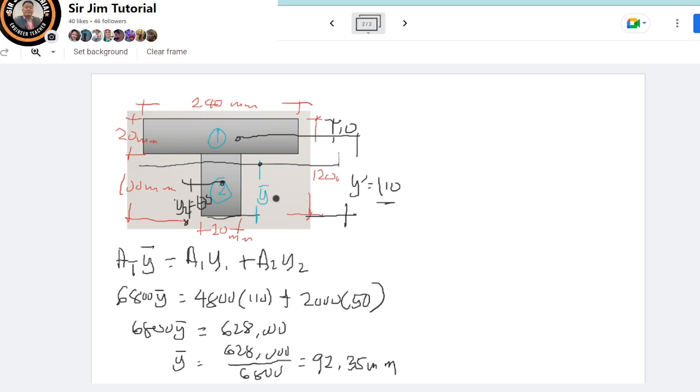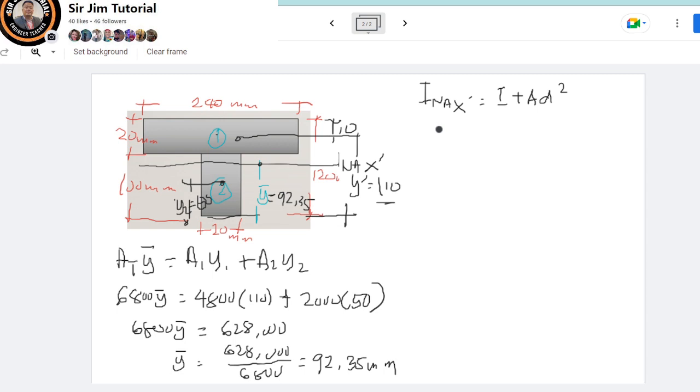Okay, that's y bar, this is 92.35. Now, since the moment of inertia of this rectangle is here, we're going to transfer it to the neutral axis. So we need the formula: the moment of inertia at the new x, x bar, is just equal to the moment of inertia plus area times d squared.